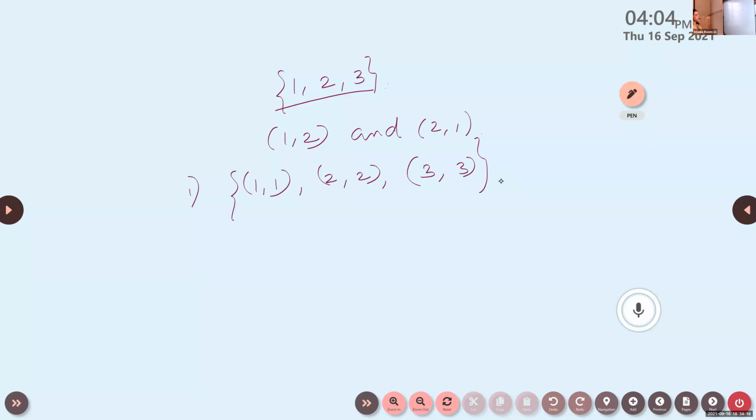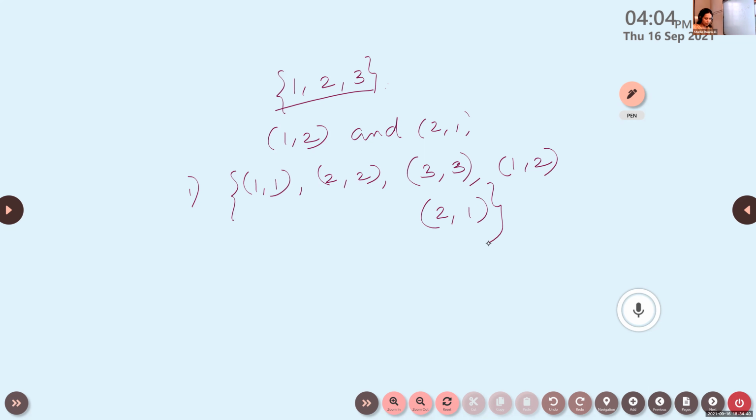Now, what is asked here? How many ways can you set it, including these 2 elements, 1, 2 and 2, 1? Now, if I have included 1, 1, 2, 2, 3, 3, 1, 2, 2, 1, look at the question.